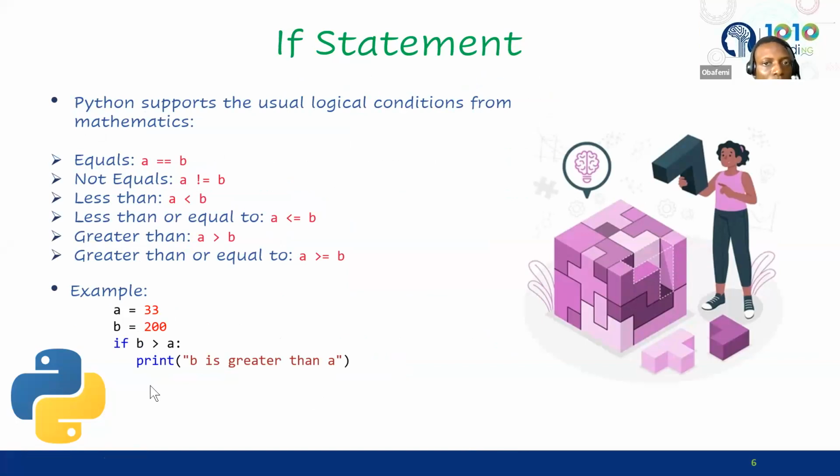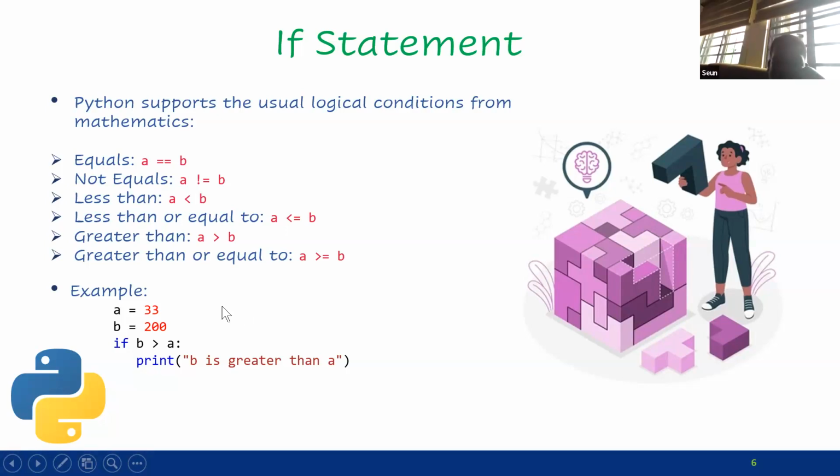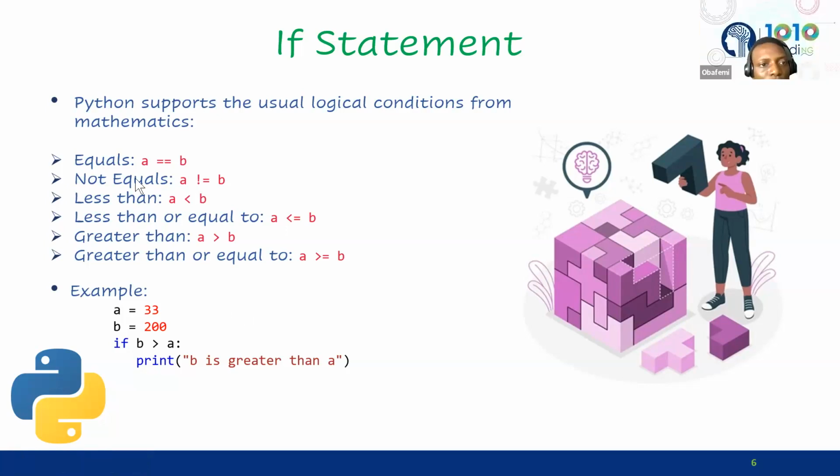Okay, so Python supports the usual logical conditions from mathematics. So this means equals, this is not equals to, this is less than, this is less than or greater than. Did you know all these signs before now? Yes. Okay, you can see my screen, right? Equals to is double equals, not equals to is exclamation mark and equals.